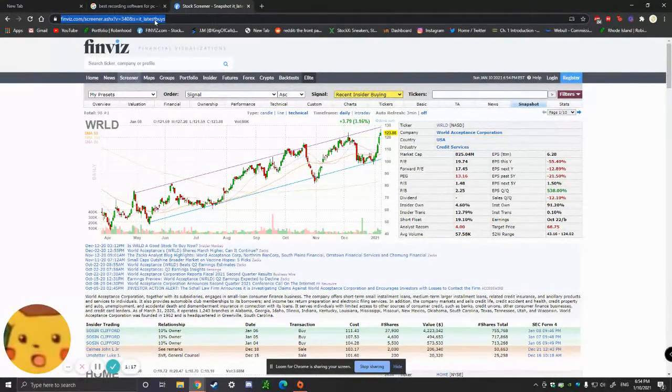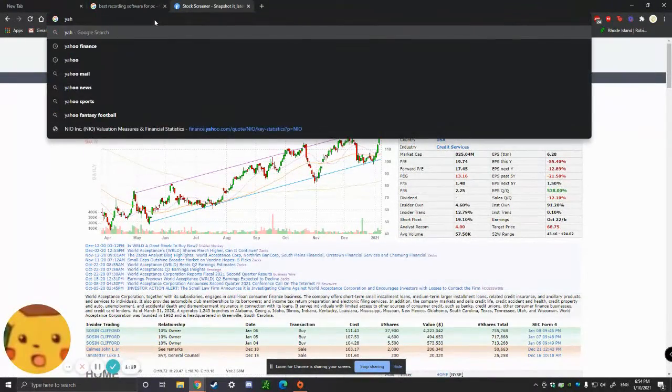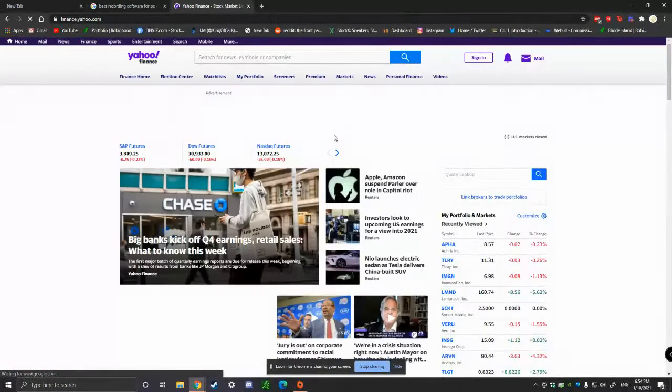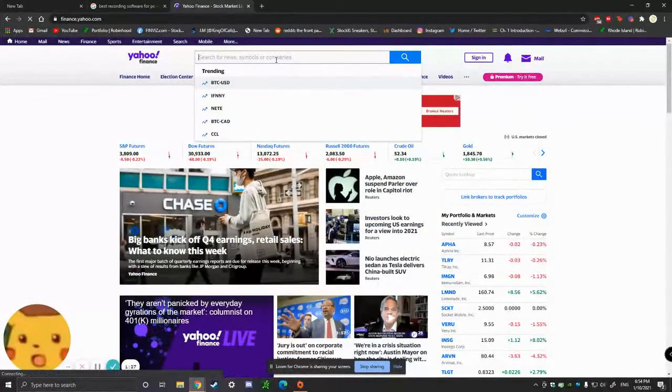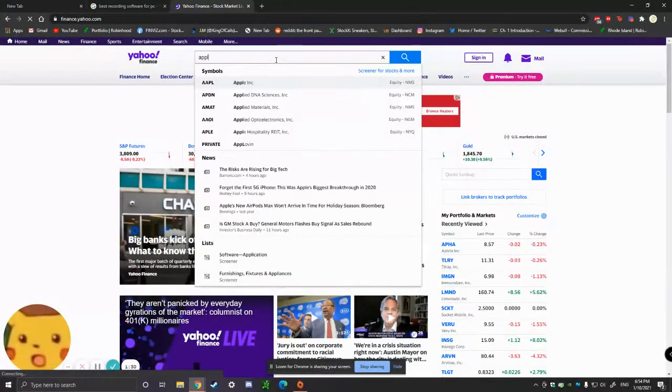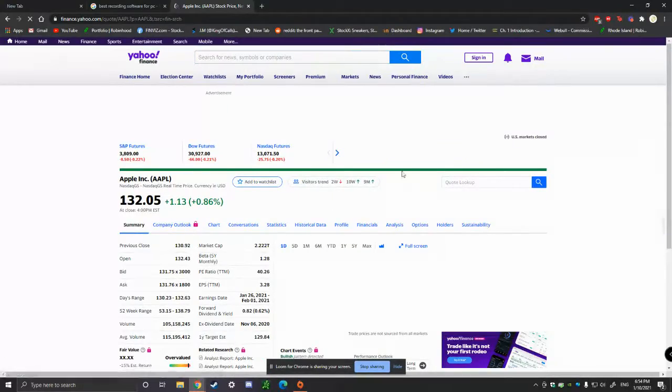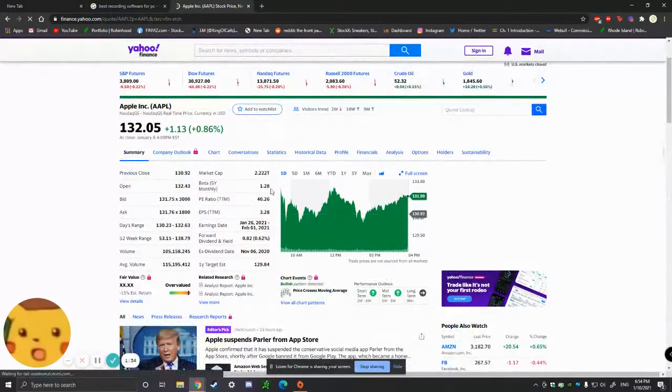The second tool I use is Yahoo Finance. This one's for news. It's also for financials. So you can just type in any company you want. I'll do Apple, for example. You can see all their statistics.